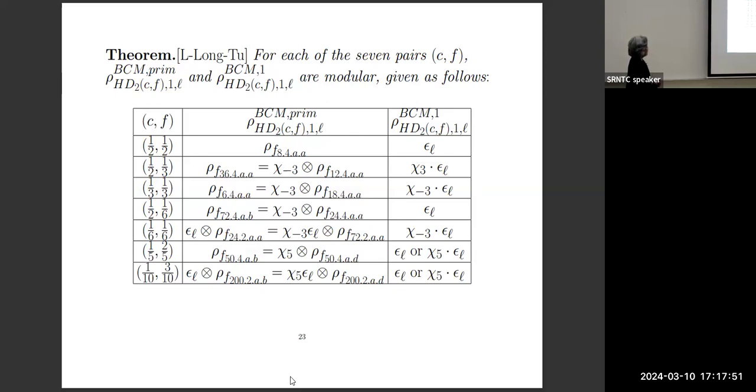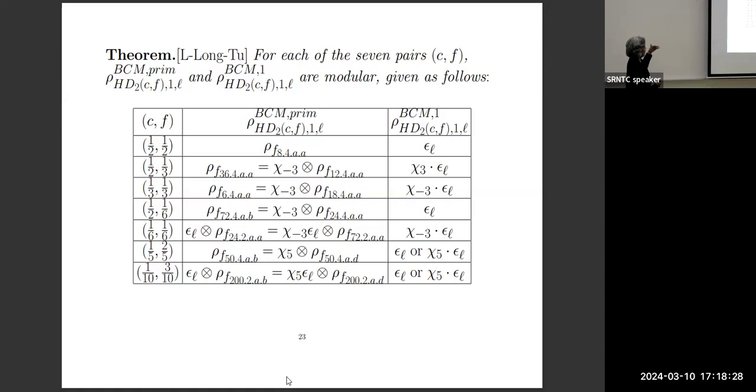So for the second datum, we can prove that it is indeed automorphic, and we can identify the corresponding modular forms. That means that, for instance, for the first pair, we have a weight 4, level 8 modular form. If you look at a_p, it is equal to the Frobenius trace at p, and likewise for all the other pairs.